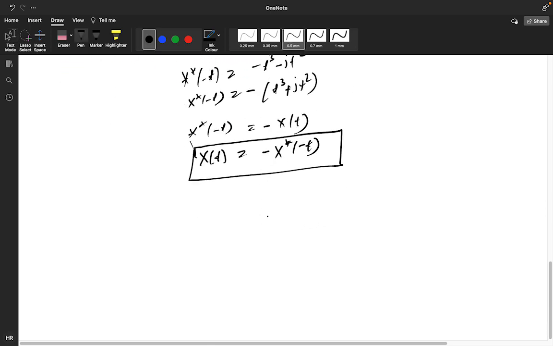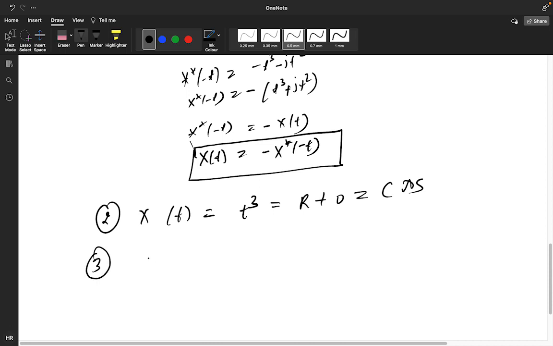The second example is x of t is t cube. So this is a real signal plus odd, so it is conjugate anti-symmetric. And the last example, the third example, is x of t equals t square plus j cos t.